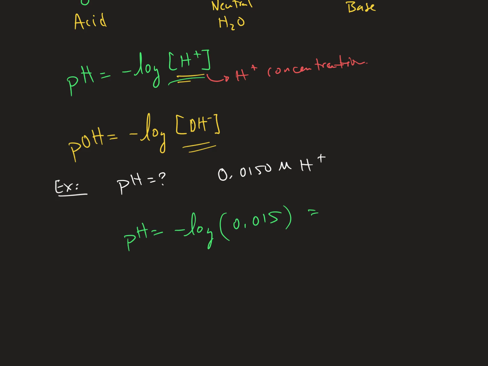Depending on your calculator, you might have to put in 0.015, log, and then negative. I don't know if anybody has that kind of calculator in here, but if you do, just make sure you know how to use your calculator. Do you know if LN log is the same as log? No, that's natural log. It has to be LOG. I had to press mine twice. It went from LN to log. Weird.